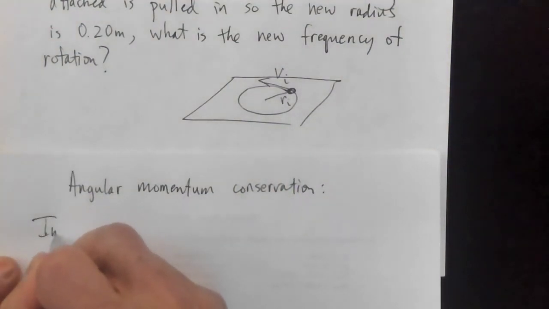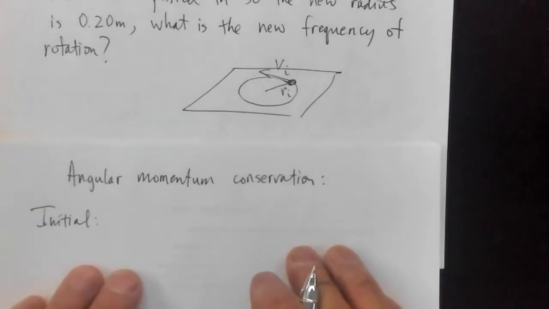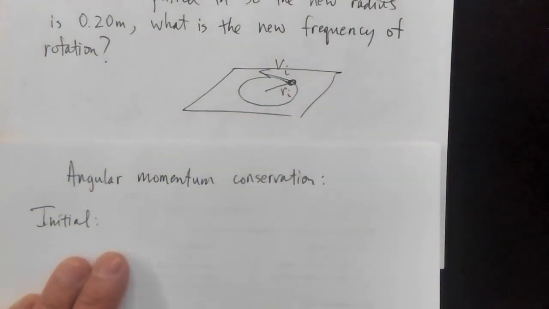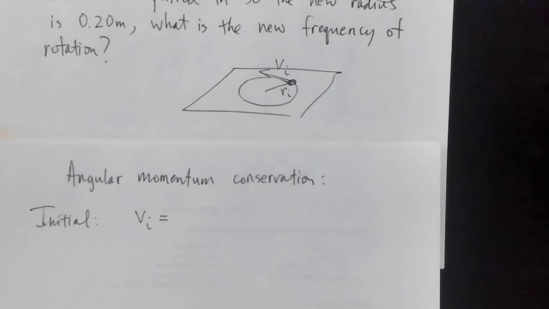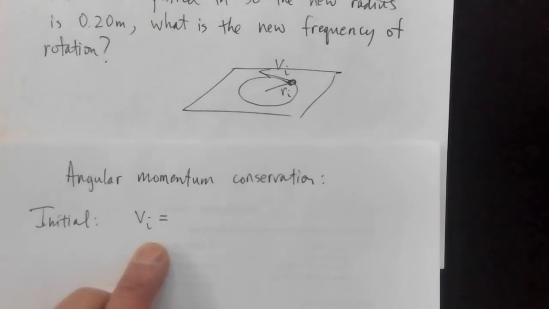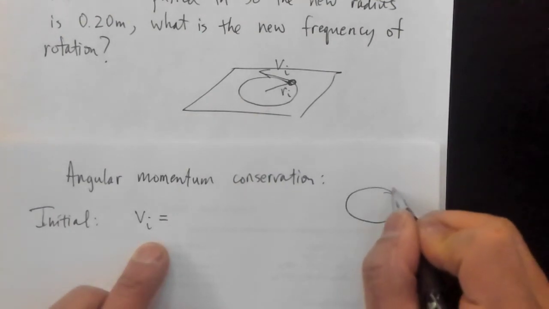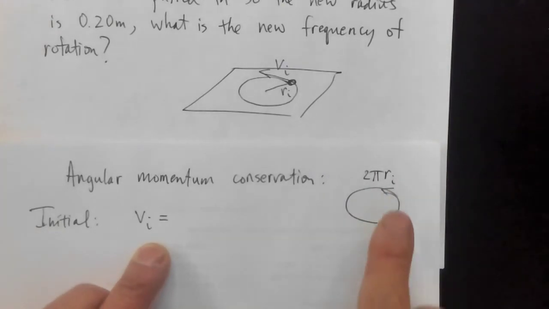Okay, so initially, let's calculate the speed of the object. We know that it's 1 revolution per second, but how far does it go in 1 revolution? It goes around a full circle, that is 2 pi r_i, the initial radius.